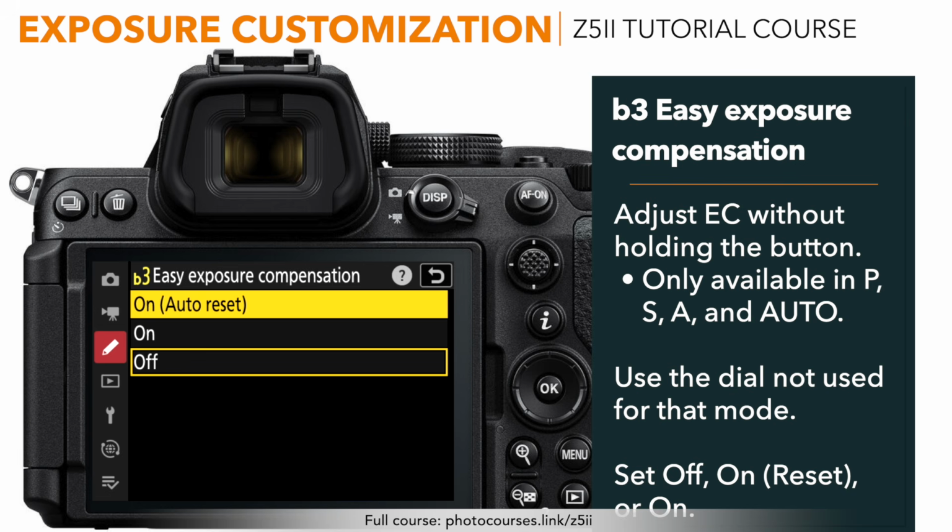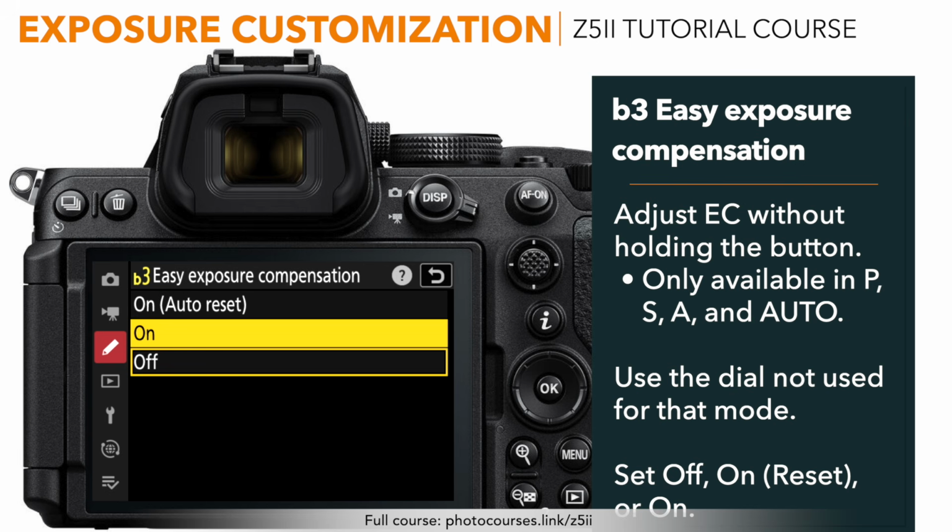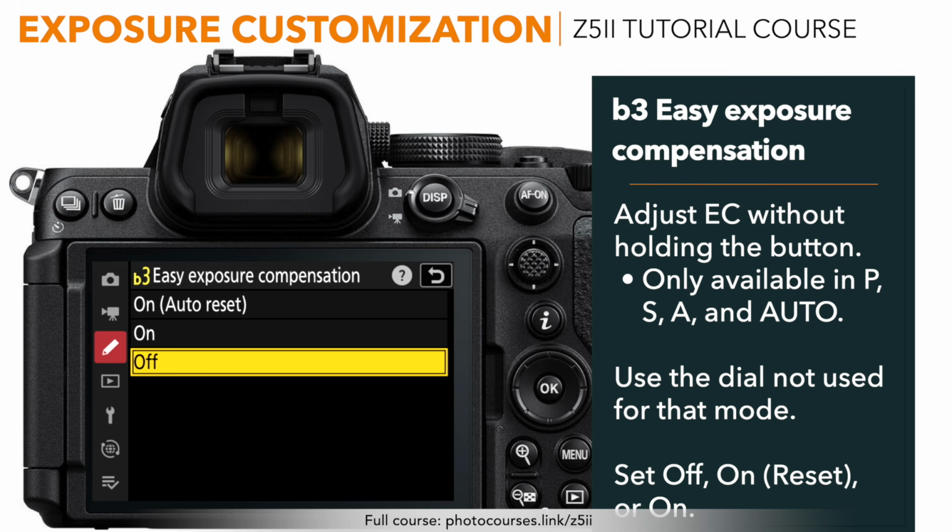And then when you cycle the power, that exposure compensation is going to be reset to 0. If it's just on, you'll again use the command dial to change your exposure compensation. And then when you cycle the camera power, the camera is going to save whatever value is set. Or you could turn it off so that you do need to hold down the exposure compensation button while rotating the main command dial. And that could be useful so that you don't accidentally change your exposure compensation by hitting one of those dials.